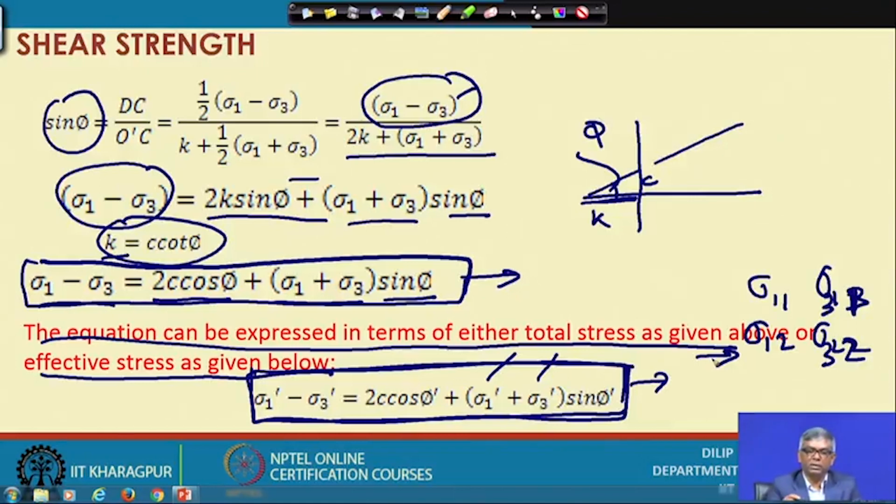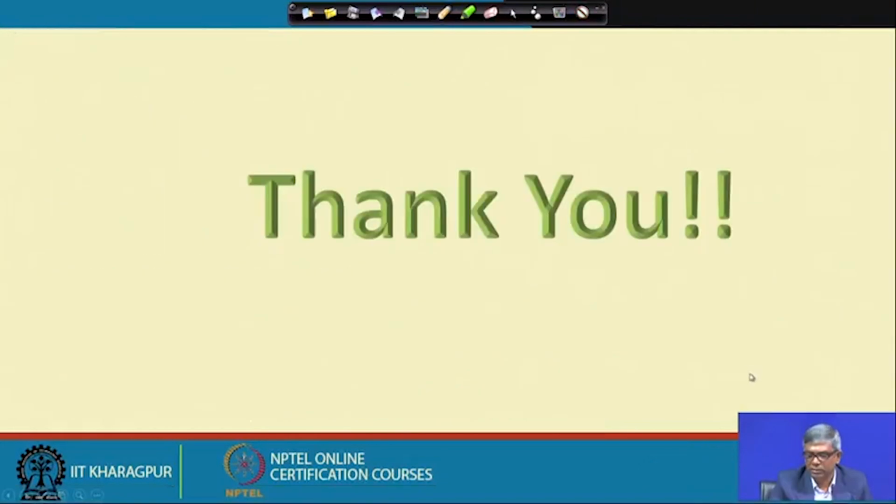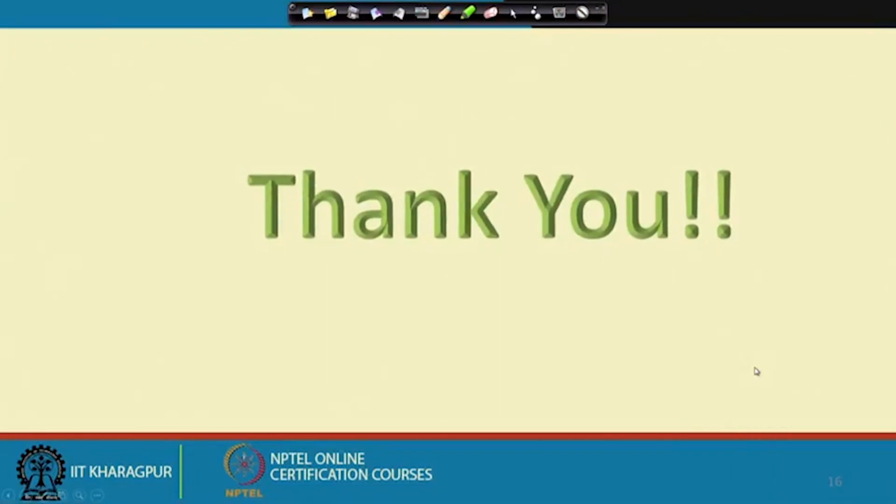This is what, as I have mentioned before, we need some theoretical background along with the experimental data to understand the shear strength. That is one application: we have found the relationship between C, phi and the major and minor normal stresses, and if experimentally we get some data correlating them, we can find out the values of C and phi of the soil. With this I will stop here and I will take the next. Thank you.